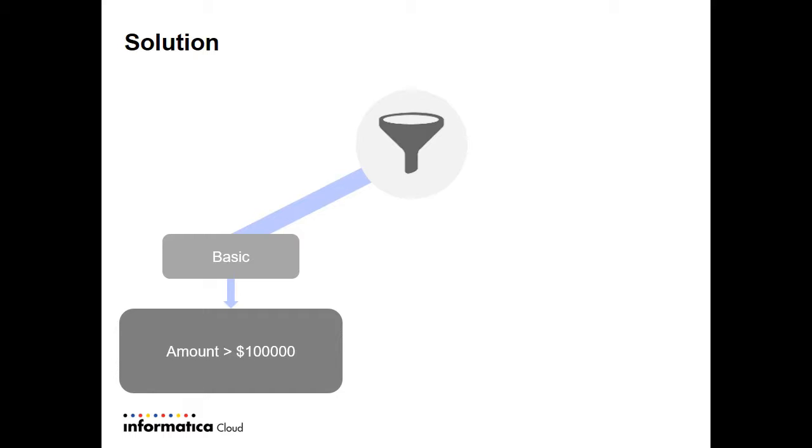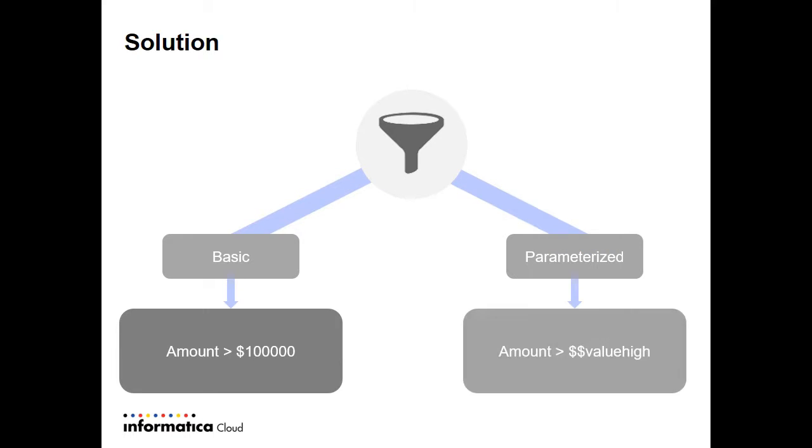However, in this case, we need to specify a fixed value of amount which cannot be changed. The second type is using the parameterized filter in a parameterized mapping where the amount can be greater than a variable $value high. Here, value high serves as a variable and can be reassigned any number of values.